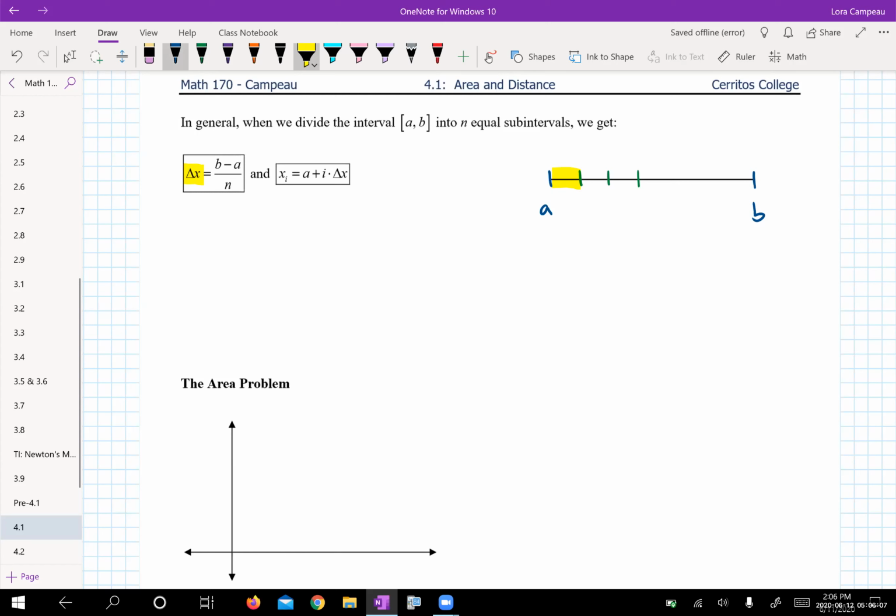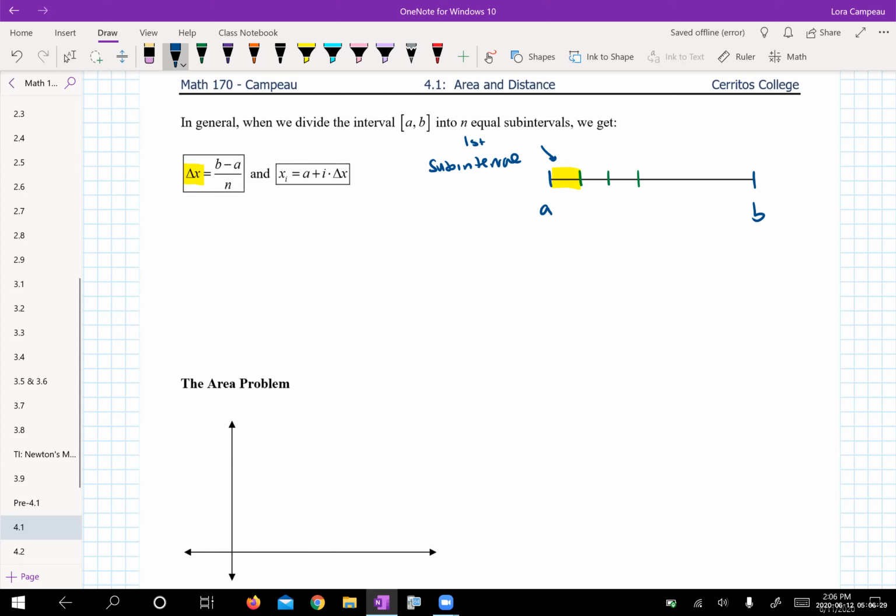So this first one that I highlighted, what do we call this? The first subinterval? Let's write that a little nicer. So first subinterval. I don't know if that's nicer, but try to write bigger.